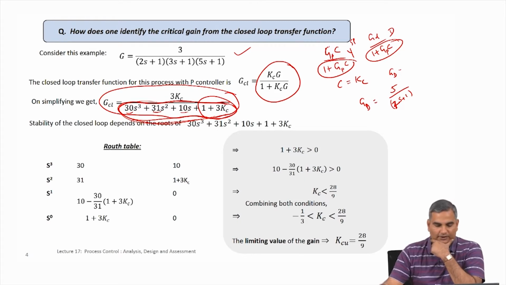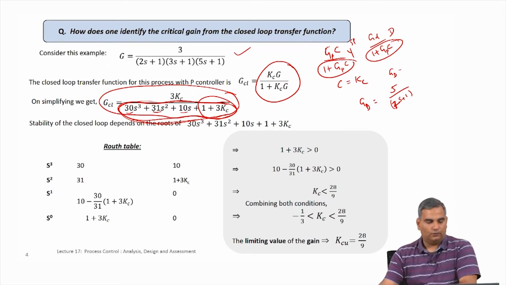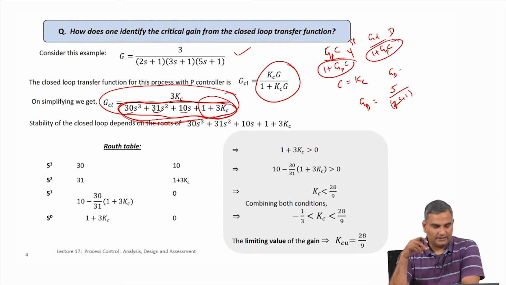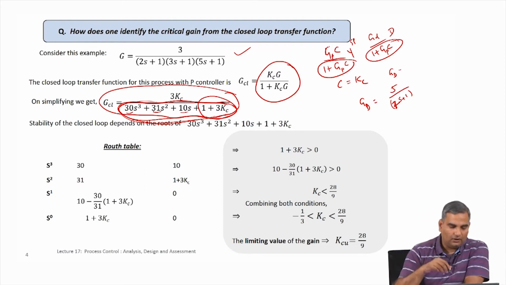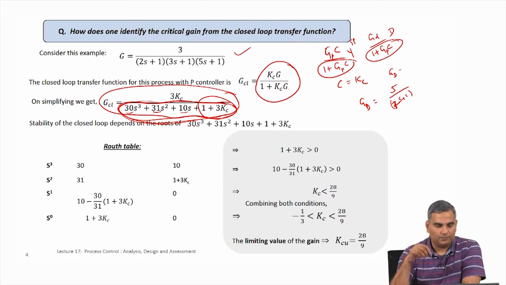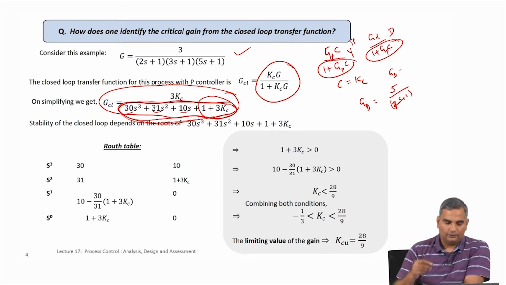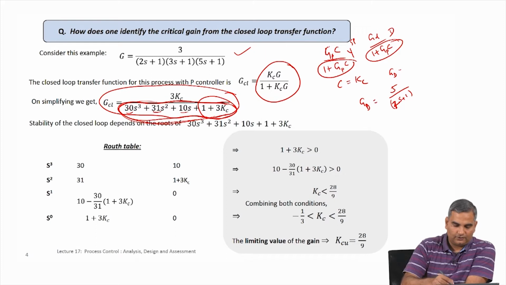Okay, now that we have made all of these points, let us look at this transfer function and the denominator. Think about the root table. In the root stability test, the very first condition is that all the terms of the polynomial should be positive. Even if one term becomes negative, then we know that we will have a pole or a root in the RHP. So this is positive, this is positive, this is positive.